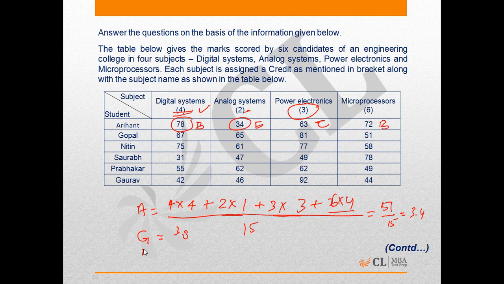CGPA of Nitin is 3.47. CGPA of Gaurav is 2.6. CGPA of Prabhakaran is 2.6, and that of Saurabh is 2.53. So these are the CGPA of the 6 students.